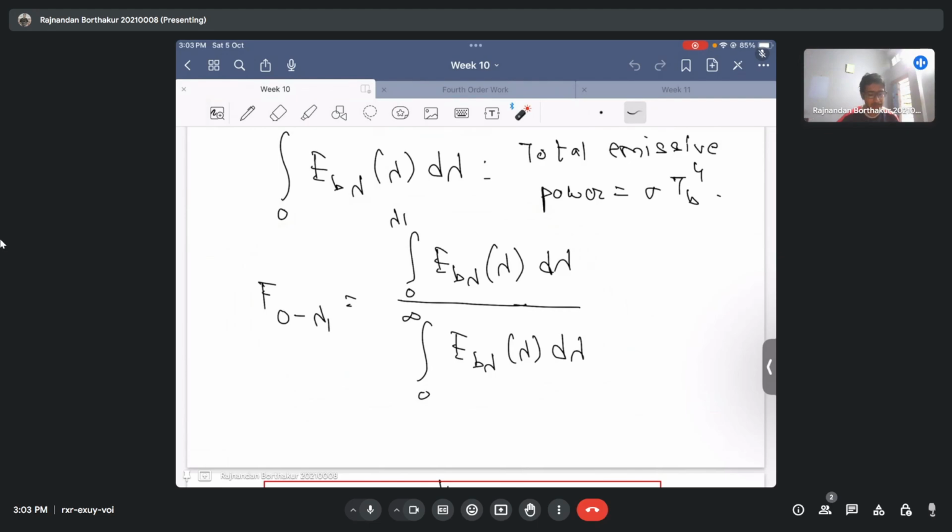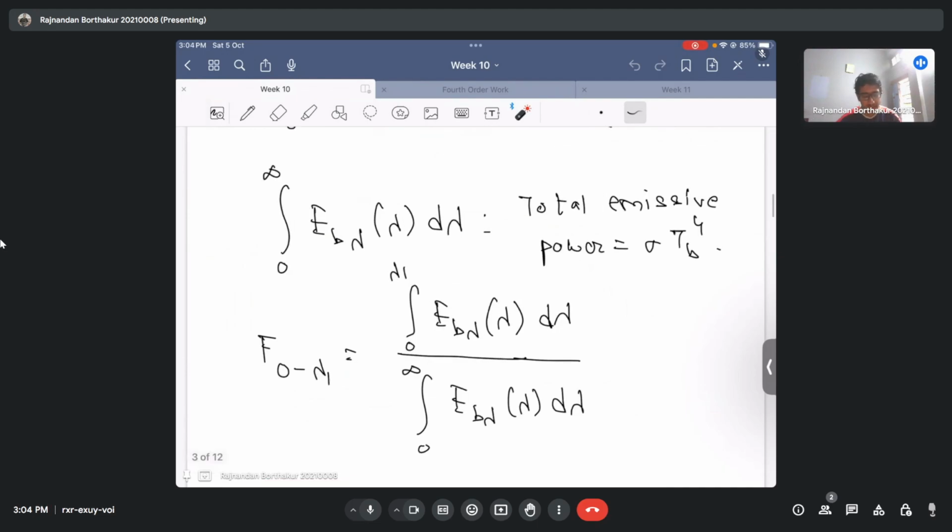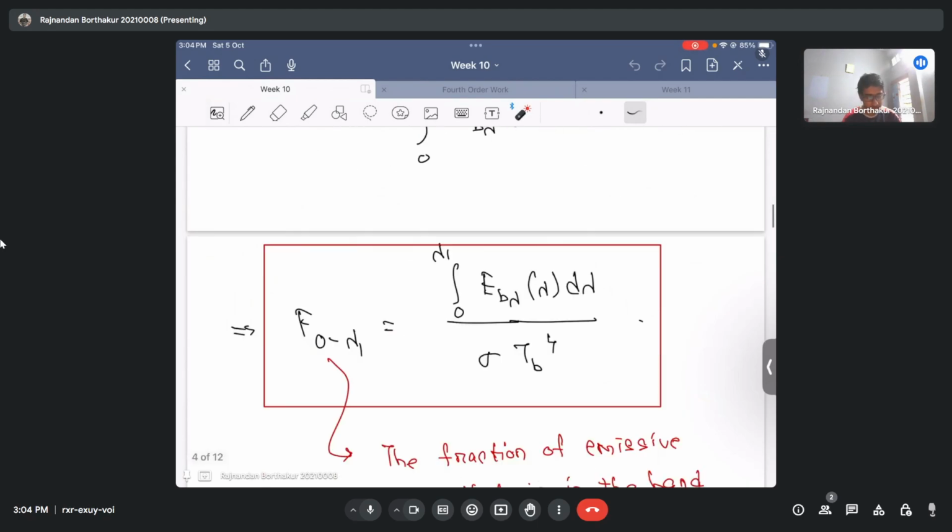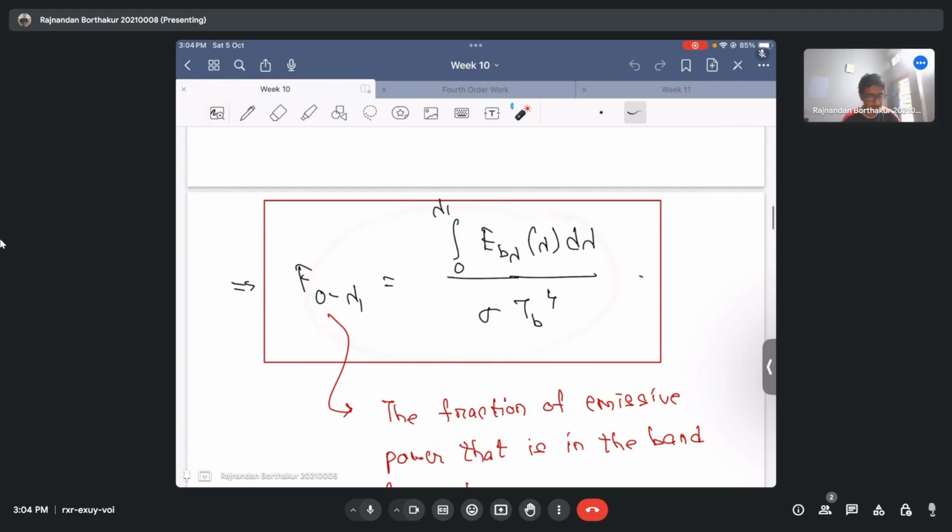Then we argued that the integral from 0 to infinity of E_b lambda d lambda, where you are integrating the spectral emissive power of a black body through the entire band of wavelength, becomes equal to sigma times the fourth power of its temperature, which is nothing but the Stefan-Boltzmann law. Then we argued that f0 to lambda simplifies to this integral divided by sigma times its temperature raised to the power 4.